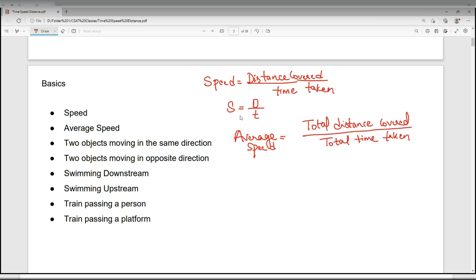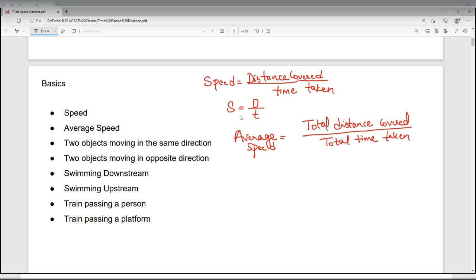Shortcuts can be developed once you are very fluent with these basics. I would suggest you not to go for the shortcuts. You learn the basics, try to solve the questions using the basics, and once you are very thorough with the basics, you can develop your own shortcuts. That's not a problem. So please note down these formulas and concepts in a separate sheet of paper so that you can refer to them when you are solving the questions.